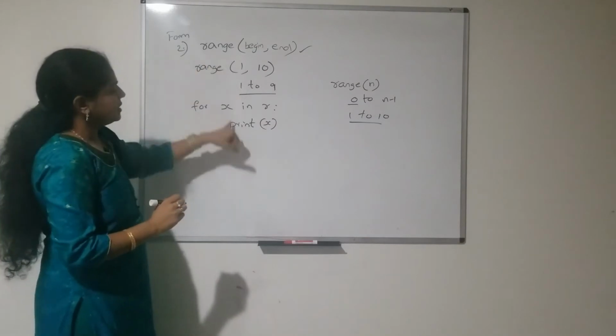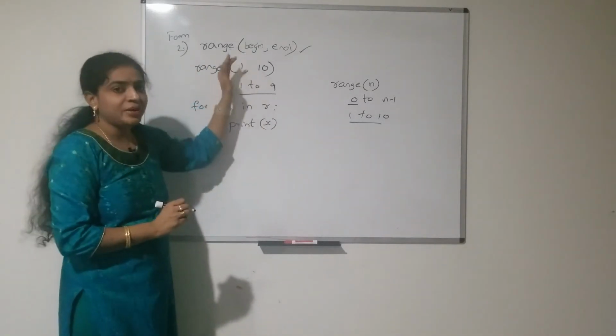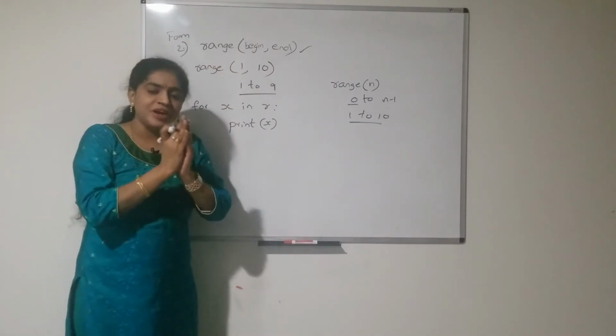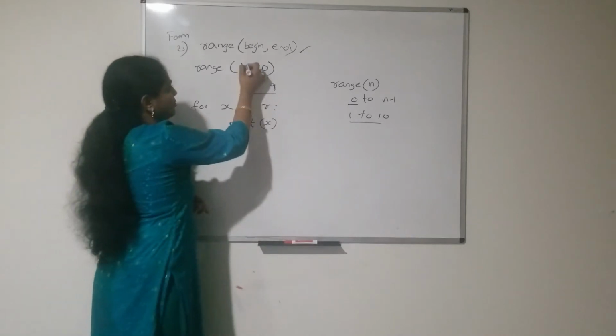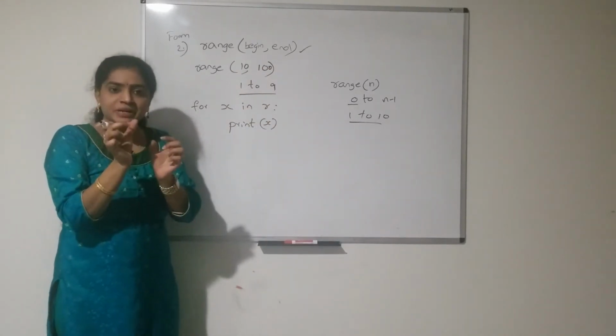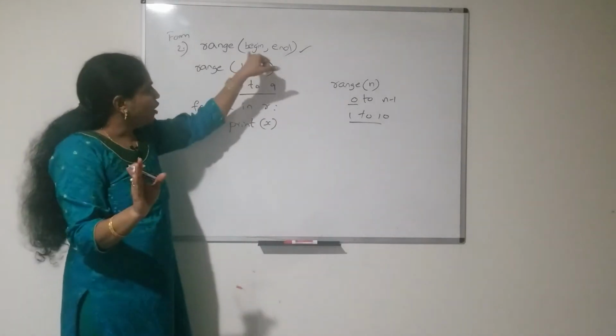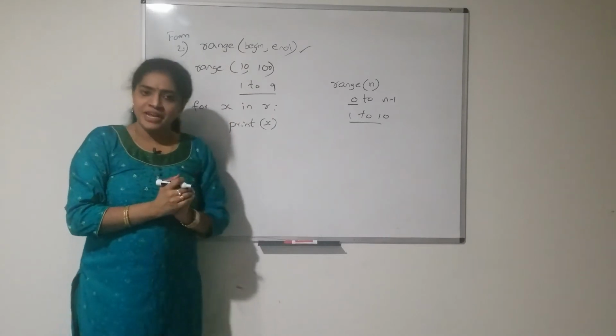So, this is the format I have to follow if I want to represent numbers from some number, from 1 to, not from 0, from some other number, or from 10 to 100, like that. If I want to give some specific number not from 0, then I have to go for the second form of range.